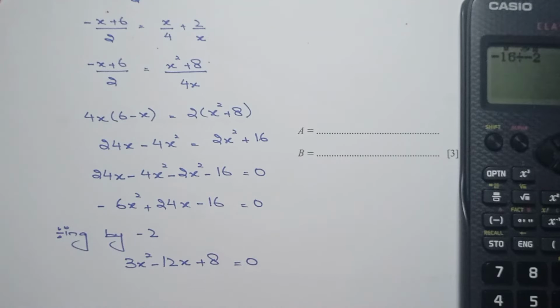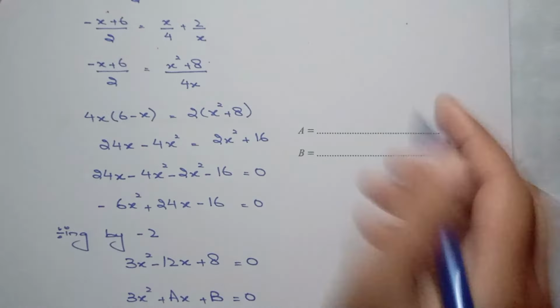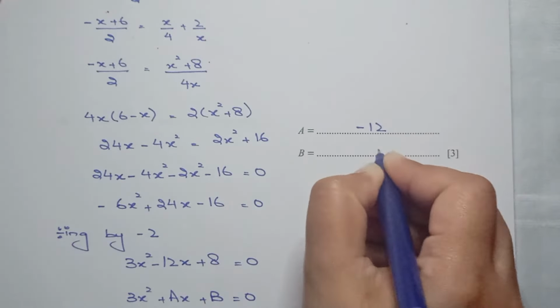So if we compare it with 3x square plus ax plus b, a is negative 12 and b is 8. A is negative 12 and the b value is 8.